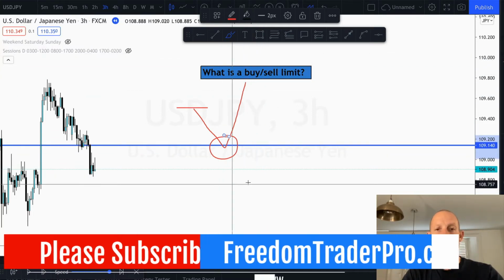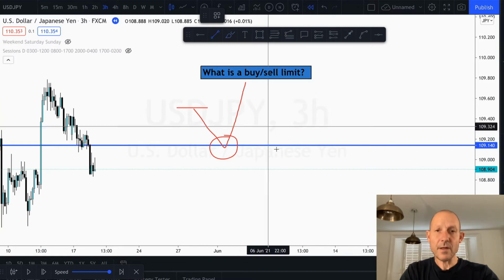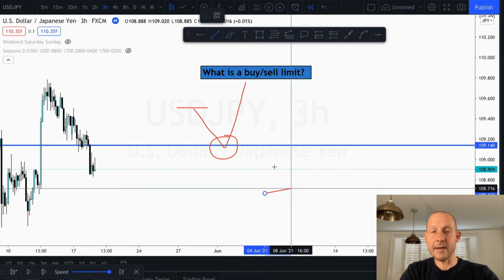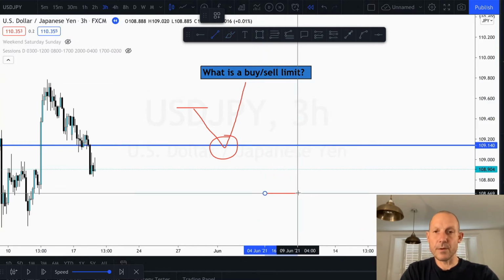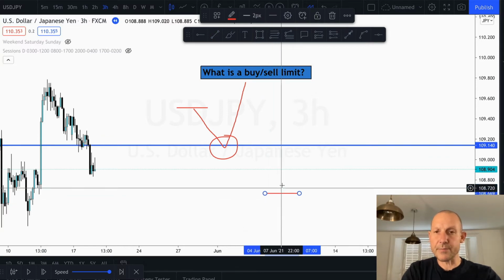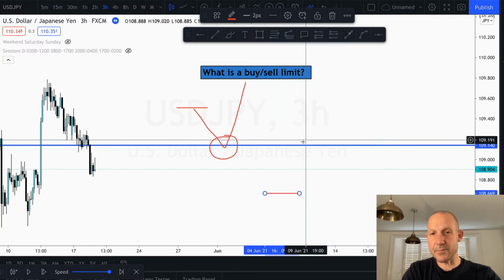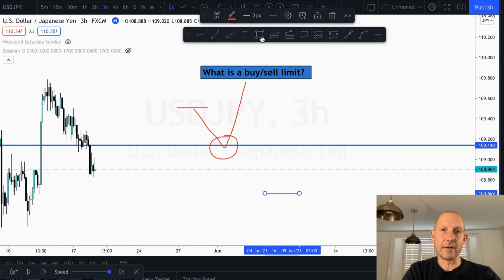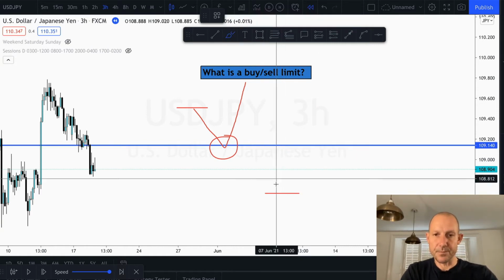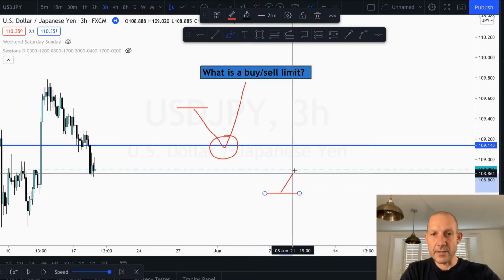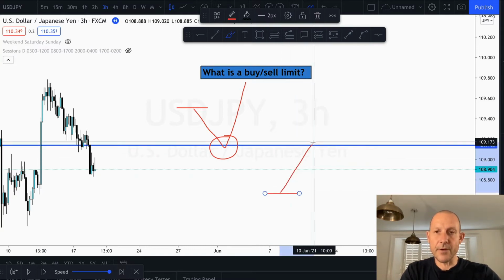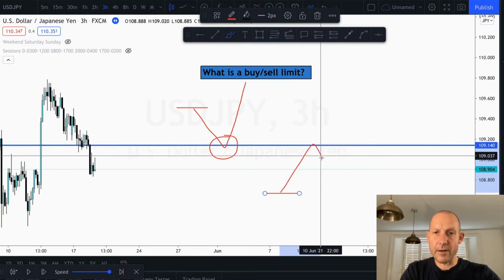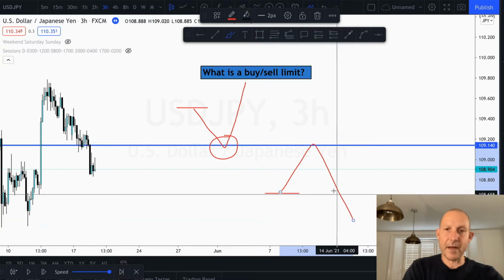And we've got the same for a sell. So let's just say price is here, and we want price to come up. When it hits this price, we want it to come in for a sell because the price is hopefully going to move in a bearish direction. We're looking for it to come over here, trigger there, and then carry on moving into a bearish direction.